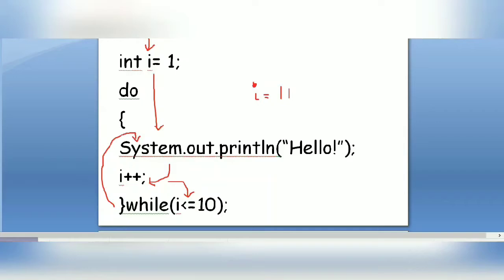And when I becomes 11, it cannot enter the loop, it will come out of the loop. Over here, when I becomes 11, it will come out of the loop. So I think here we can understand how the do while loop works, and that is the reason why do while is called exit control, and while and for loop is called your entry control.